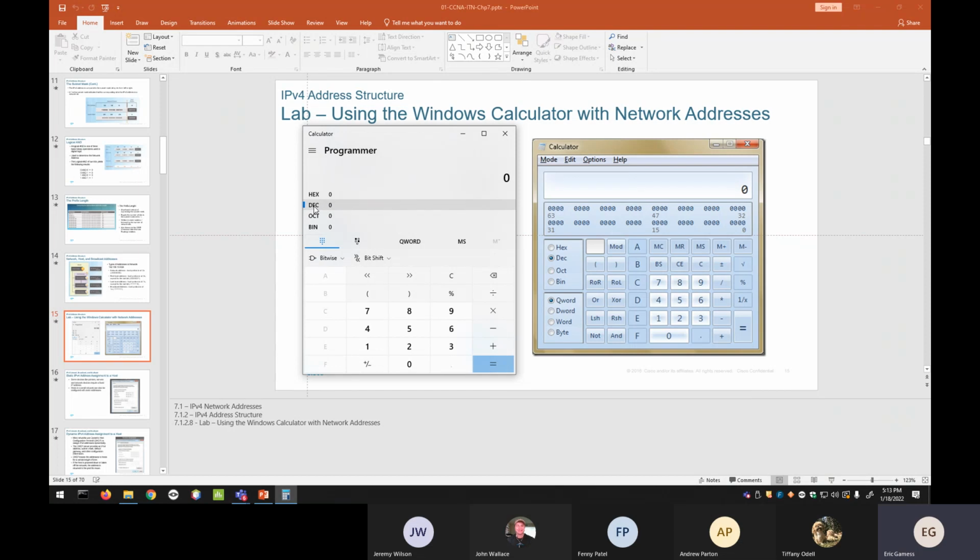You go here in decimal, you type 192, and you will have it here in binary, 11000000. And in hexadecimal, it will be C0. Remember that every group of 4 bits is 1 hexadecimal character.